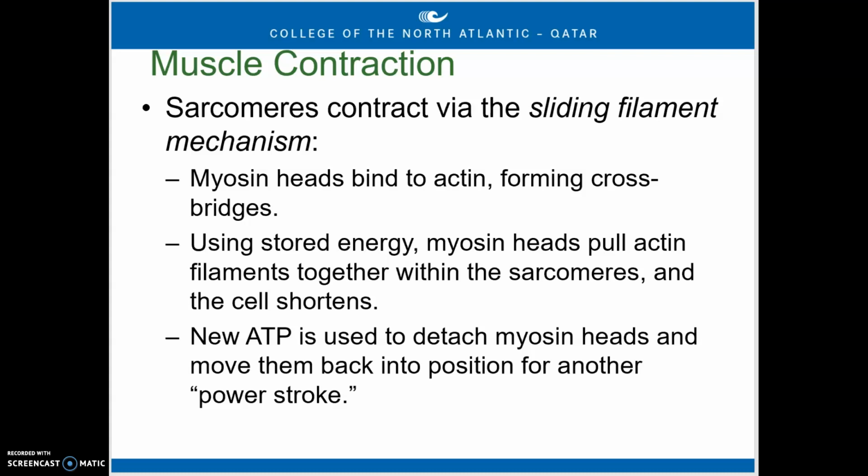So we use energy in the form of ATP to detach those myosin heads from the actin, and the myosin heads go back to their original position. But now those myosin heads are ready to make another connection with actin and make that muscle contract even more, even shorter. We'll see this in the next slide. I'll show you a picture.